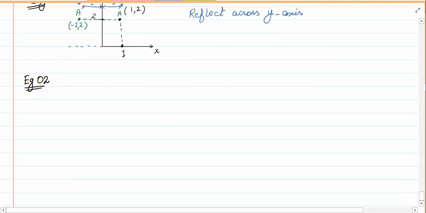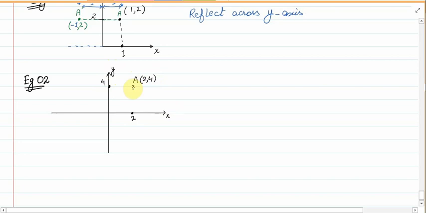Now suppose that on the graph I have a point and its coordinates are 2 and 4. So that is my object. The point is A. The coordinates are 2, 4. That is my x-axis and that is my y-axis.